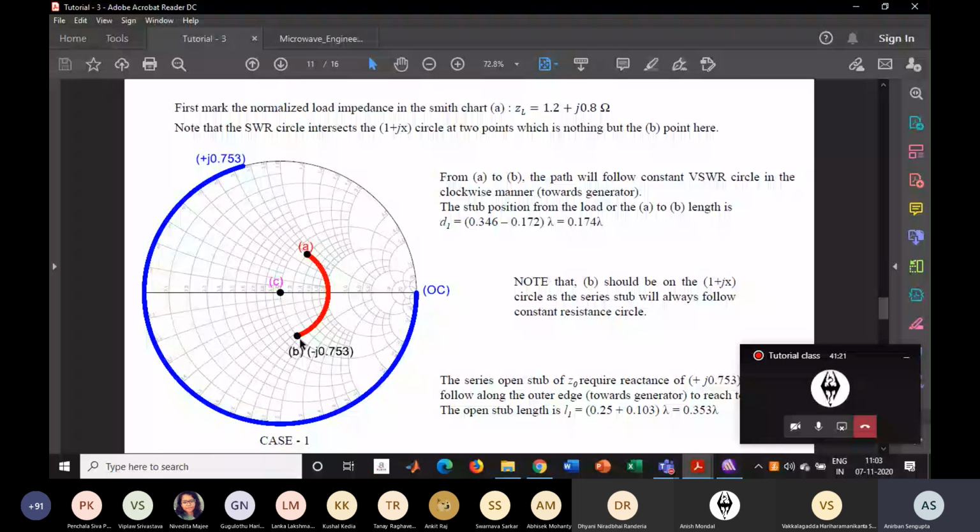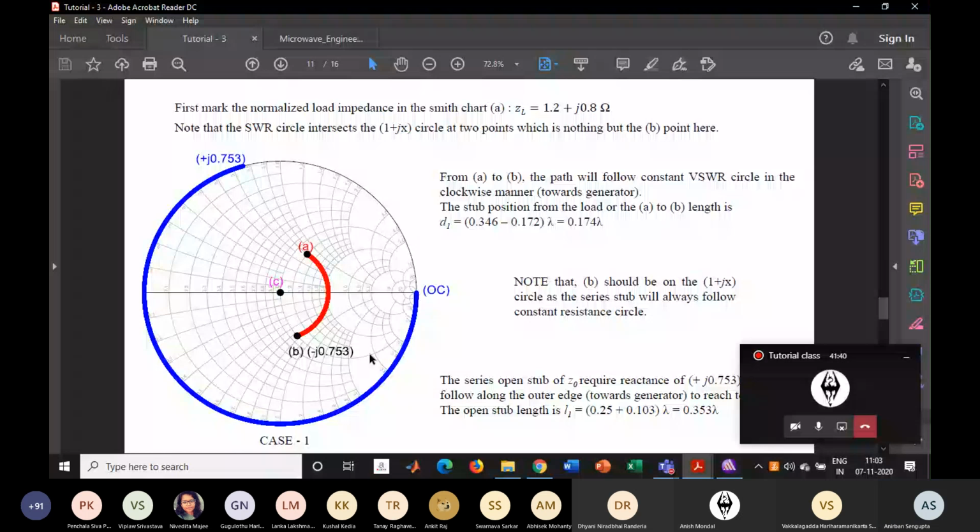The real part is matched to 1. From 1.2 it comes to 1, but the reactance part is not compensated. It has a new value of 0.753. So you have to compensate this 0.753 by the complex conjugate of this. The complex conjugate is plus j 0.753.